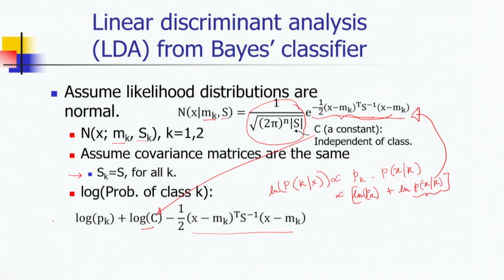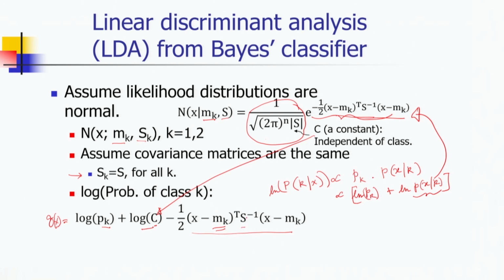So finally, this becomes your discriminant function of x, because these are the parameters: this is a class probability, this is a prior, this is a constant, and this is the mean vector of a class.